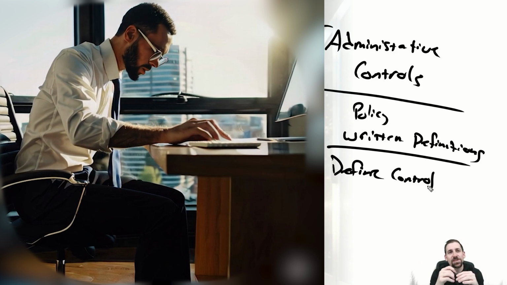A managerial control typically is defined to meet specific GRC requirements, or governance, risk, and compliance requirements. So a managerial control might say that we need a chief information security officer that then oversees intermediate vice presidents of specific security domains within our infrastructure.